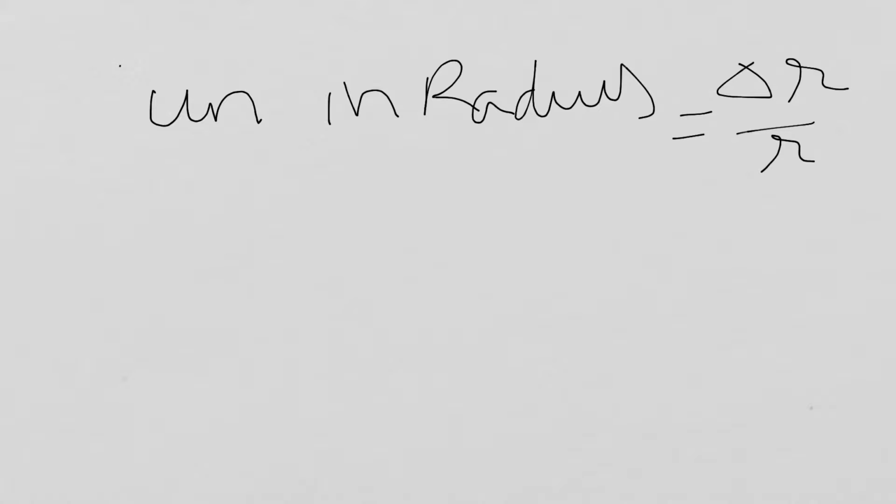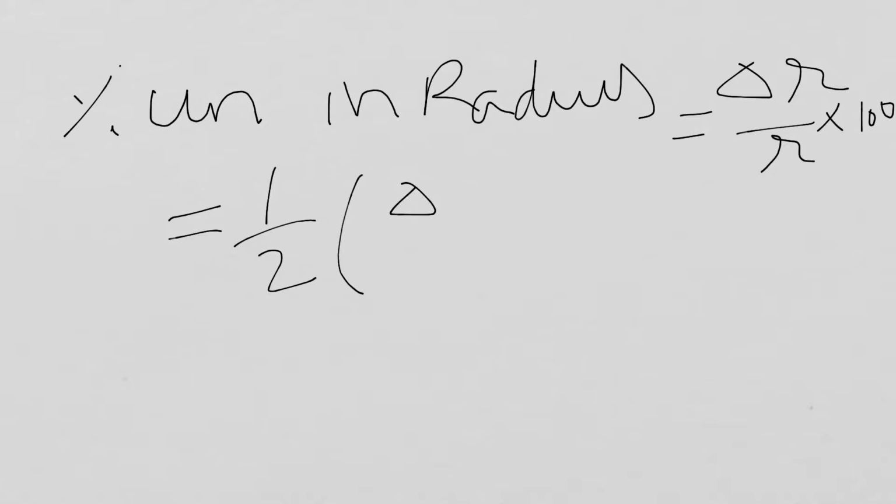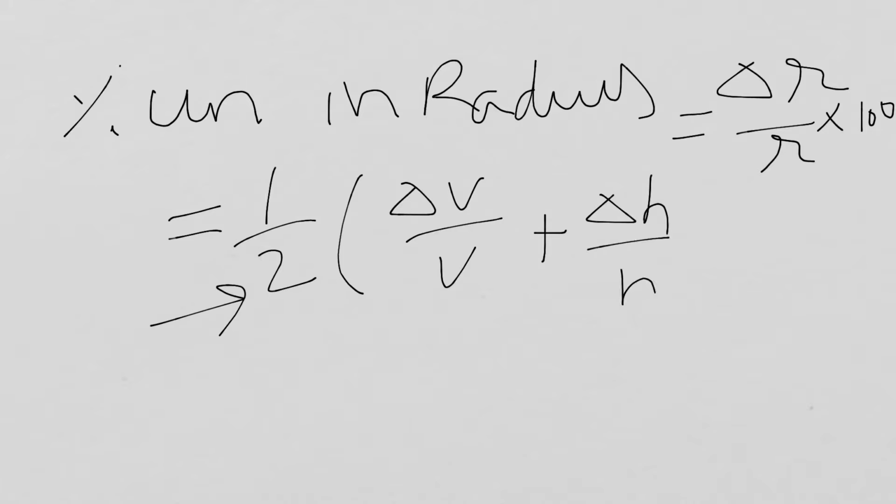So this equals half into delta V upon V plus delta H upon H, bracket closed, into 100, because the square root was there, so half came. If it is a cube root, 1 by 3 will come; if it is a 5th root, 1 by 5 will come. In this way you should remember. So this is the formula.